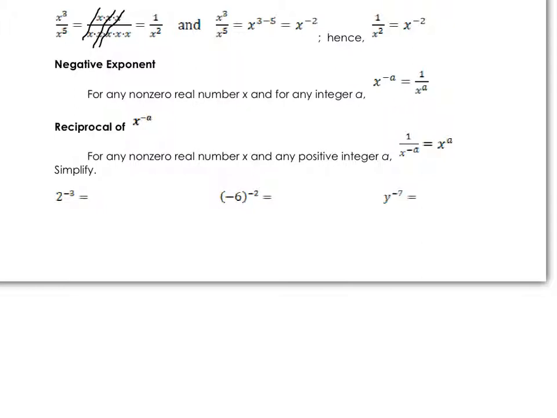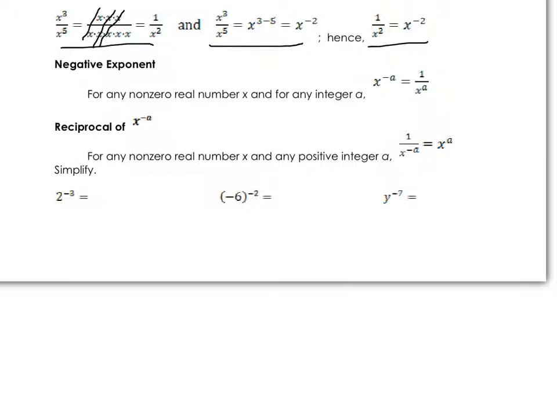We'll be left with x times x in the denominator, so that's 1 over x squared. X to the third over x to the fifth, using our quotient rule, we take 3 minus 5, we get negative 2. Once again, we have worked the problem in 2 different ways. And in order to be consistent, we need to define 1 over x squared as x to the negative 2.